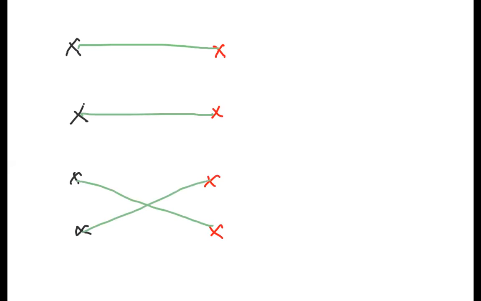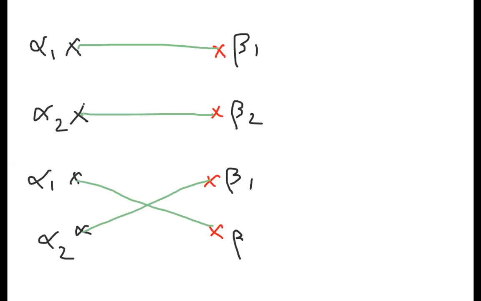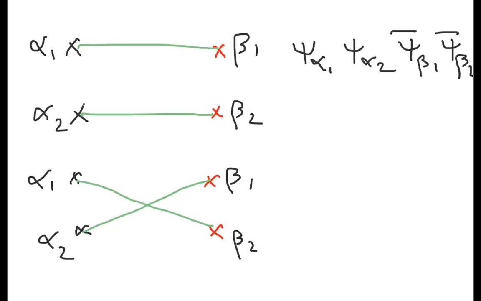Now let's look at this other pairing. Let's call these alpha 1, alpha 2, beta 1, beta 2. Suppose we are trying to calculate psi alpha 1, psi alpha 2, psi bar beta 1, psi bar beta 2.